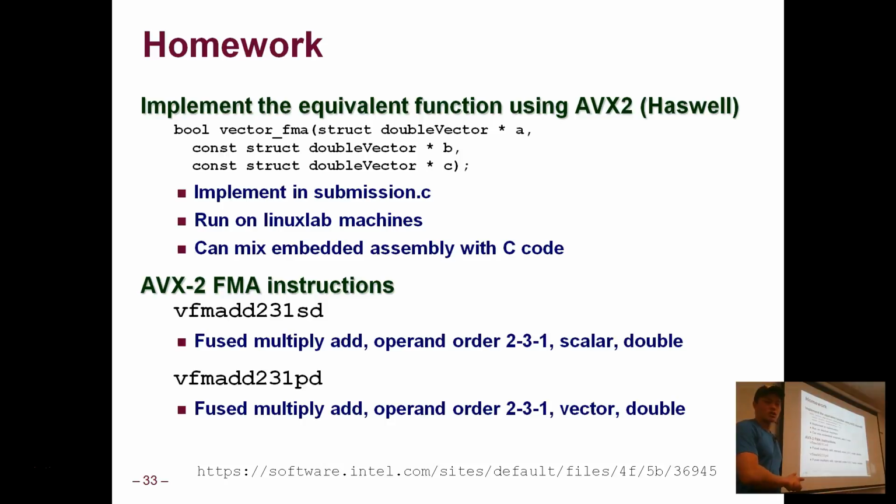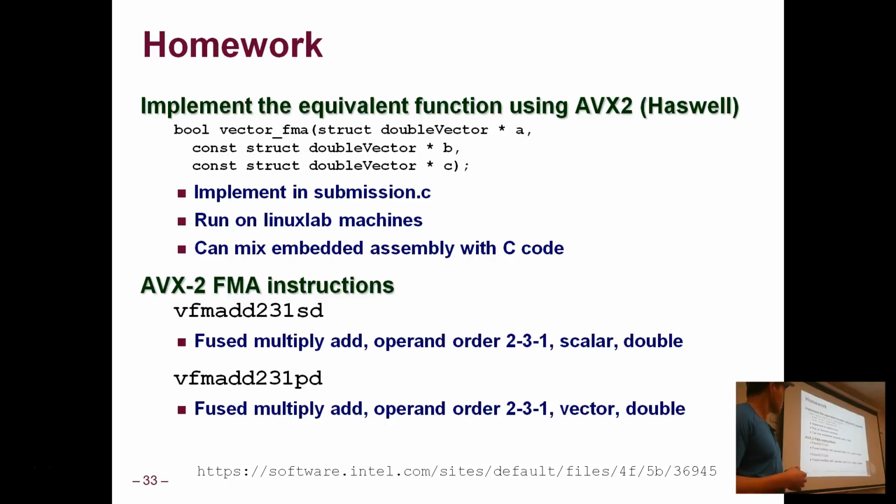Okay, so your homework is to implement the equivalent function using AVX2 or Haswell. This is the function prototype. You get double vectors A, B, and C. You have to implement this in submission.c, and it has to run on the Linux lab machines.